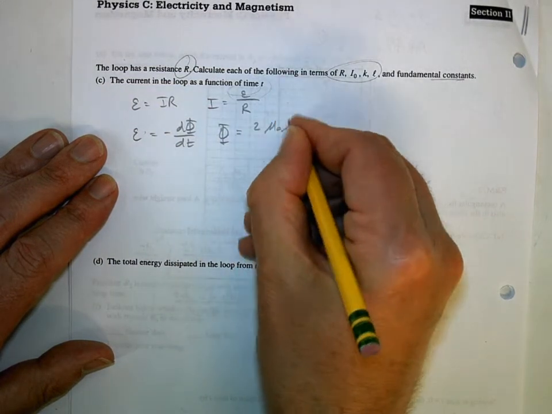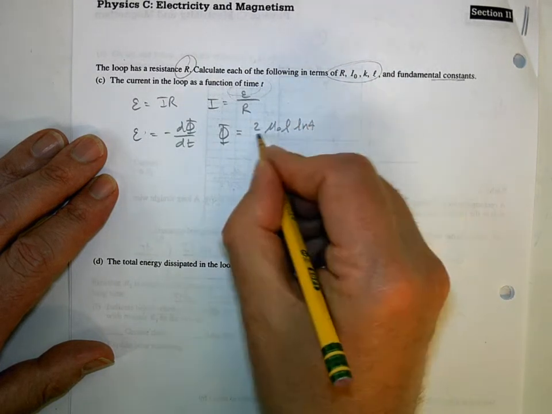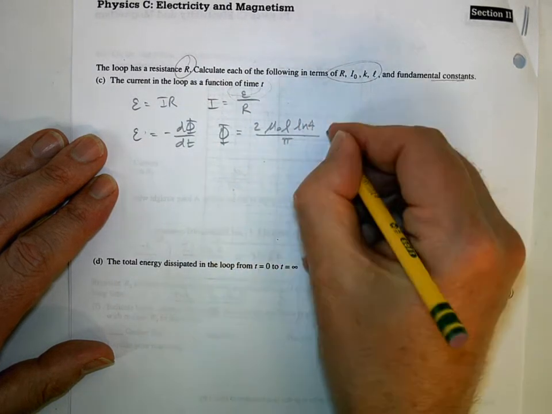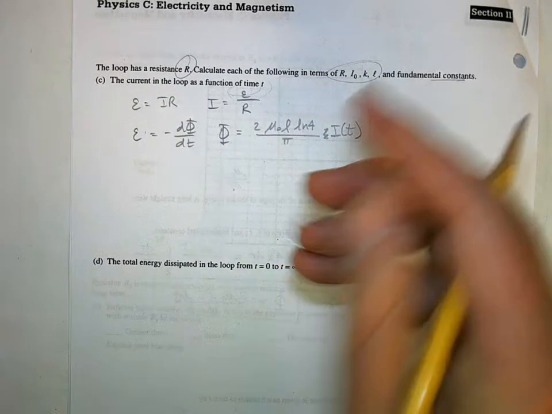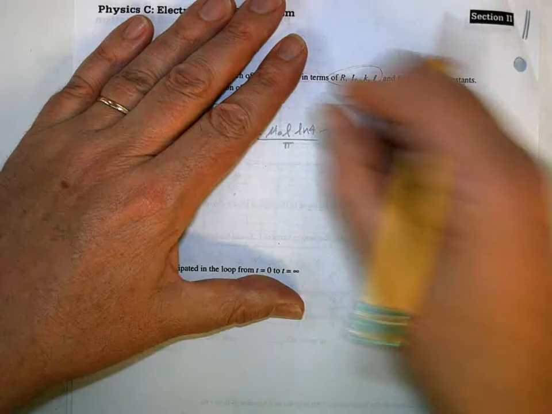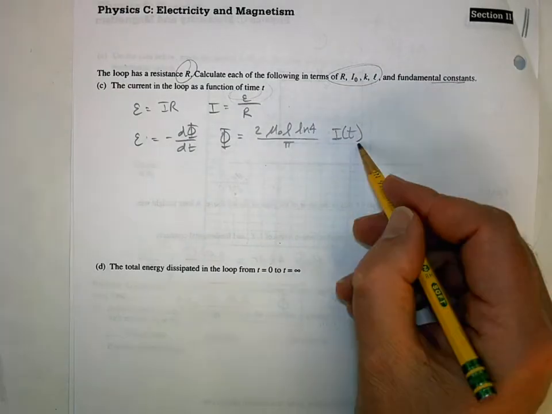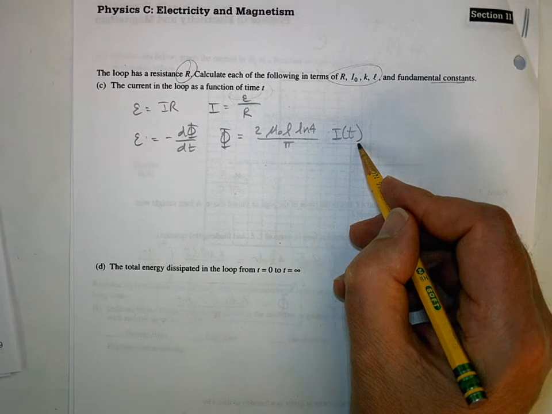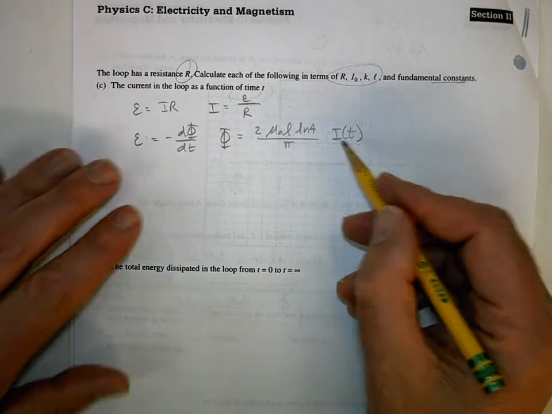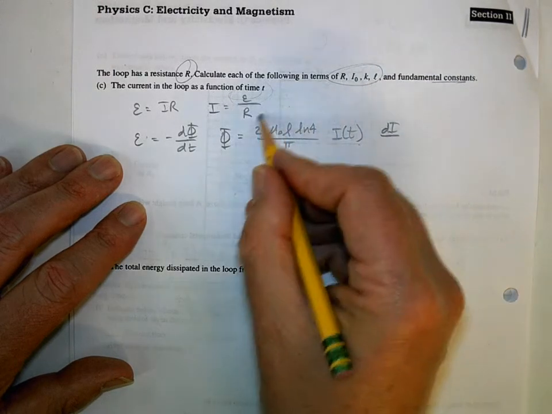The flux is mu naught L natural log of 4 over pi, times the current. But the current now, I, is a function of time. Okay? So we want to take the derivative of this. Well, I don't want to write the constants over and over again. So I'm just going to calculate di dt, because all this is just constant stuff.